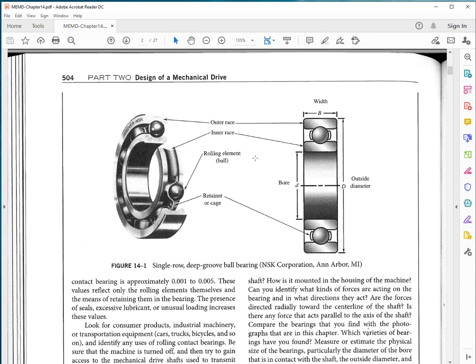The most common rolling element bearings are the deep groove bearings, also known as Conrad bearings, and they consist of an inner race and outer race, rolling elements, that is balls, which are equally spaced and maintained at the desired equal distance by the cage or retainer.